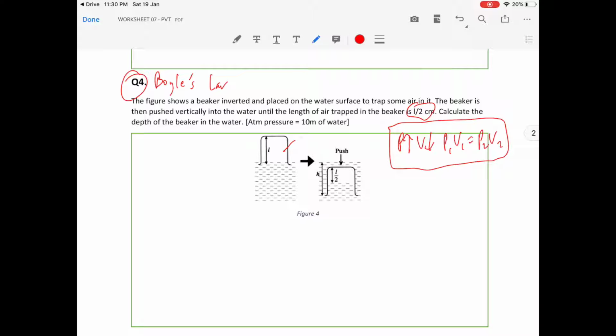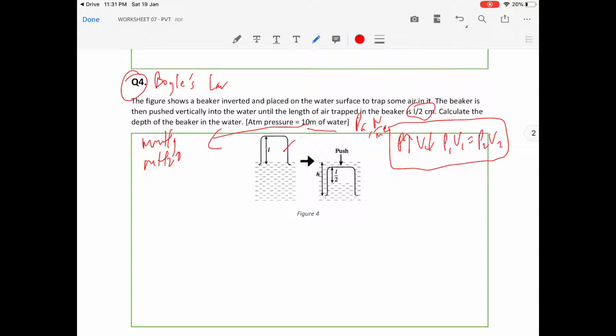Recall that when you write atmospheric pressure, you can write it not just in pascals and newton per meter squared. You can also write pressure in terms of the barometer equation, in millimeter Hg, or in this case meter H2O.